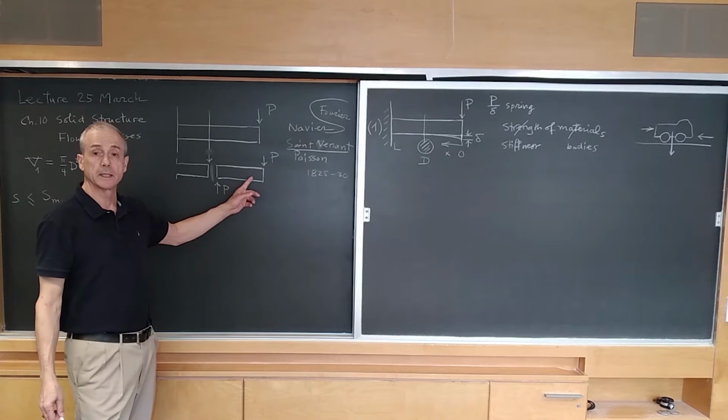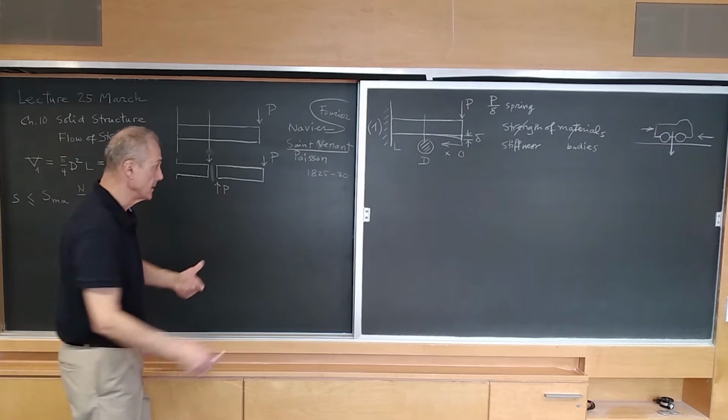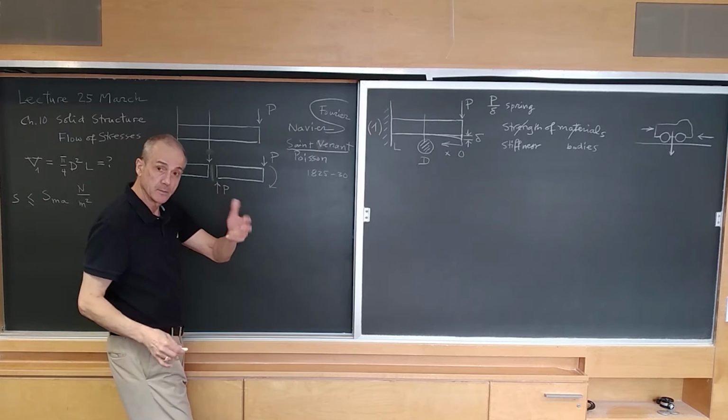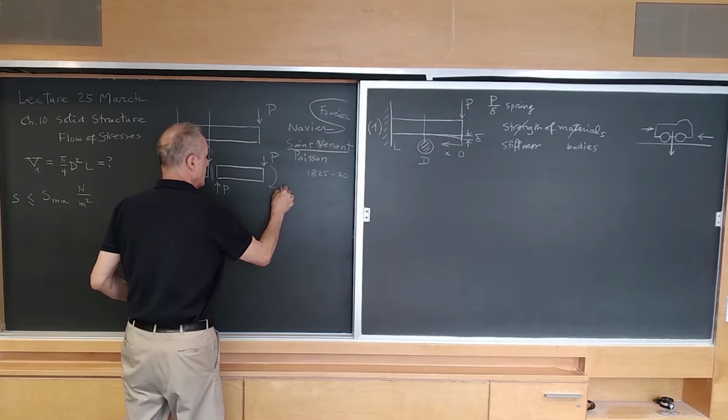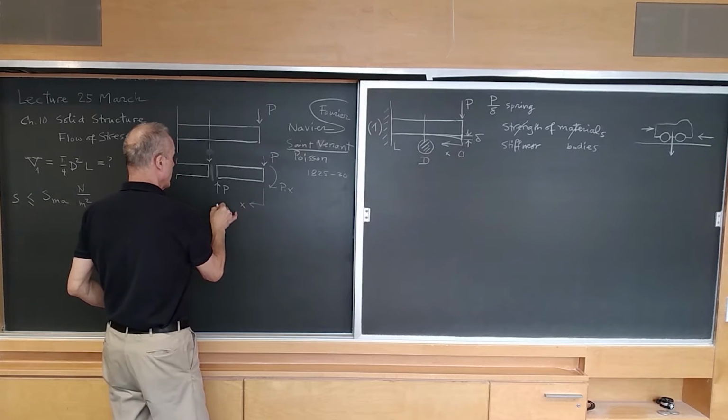The so-called hanging part would be turning because of this moment of P times X, X being the arm of that force P, all the way here.